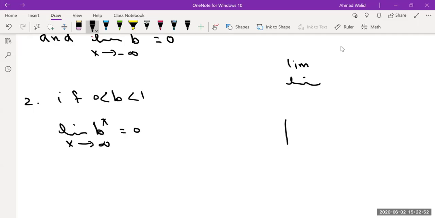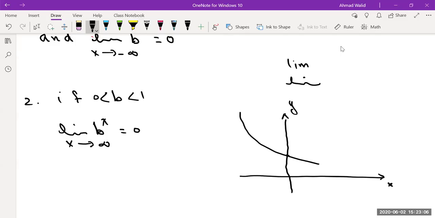Let's see it on the graph. We just explained when b is between 0 and 1, you end up with exponential decay, or your function is decreasing, right? Like this. Here is 1, here is 0. Now, as x approaches infinity, where does b to the power of x go?